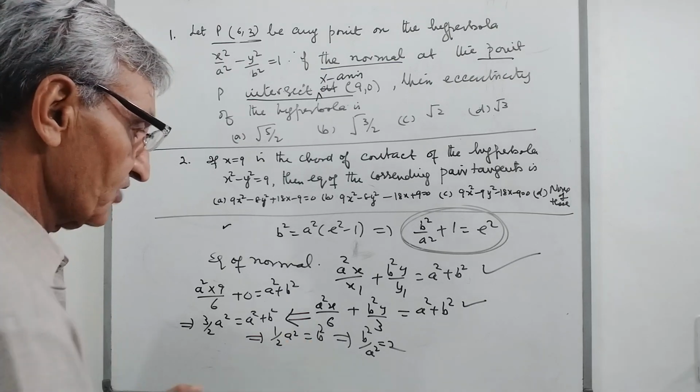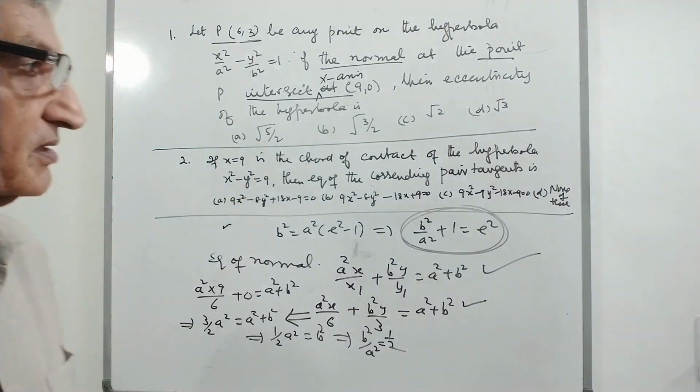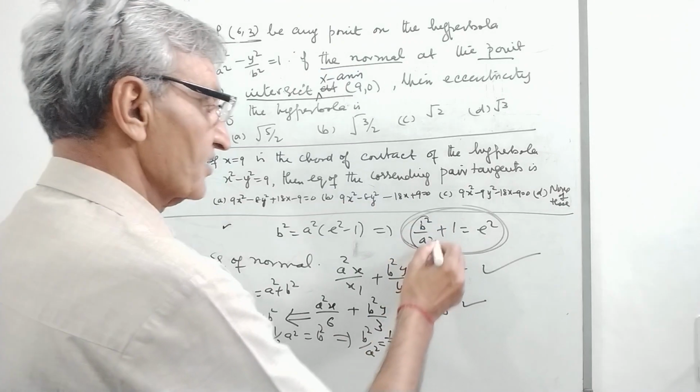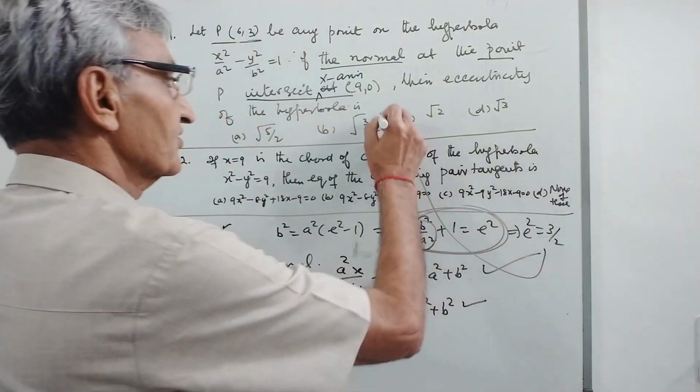So b square upon a square is half. And this half I put here: e square is equal to 1 plus half, that is e square is equal to 3 by 2. And therefore e is equal to root 3 by 2.